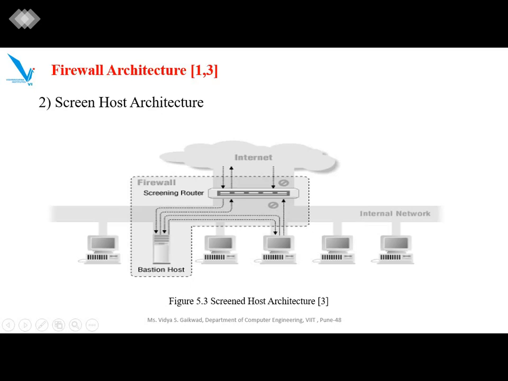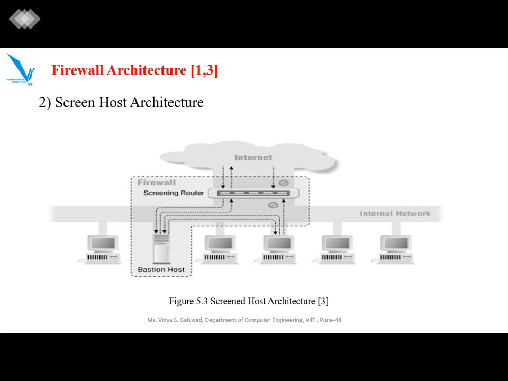So the packet filtering rules are configured in such a way that this bastion host is the only host on the internal network that is accessible from the internet, right? So if any person wants to access this internal network, it can be accessed first with the help of a bastion host, right? Even then, only certain types of connections are allowed.